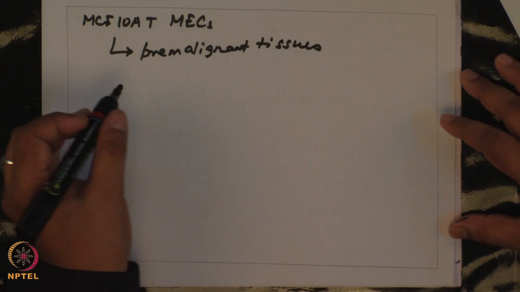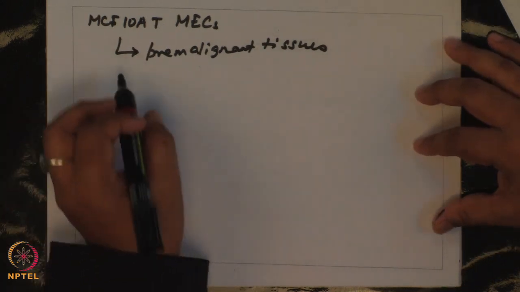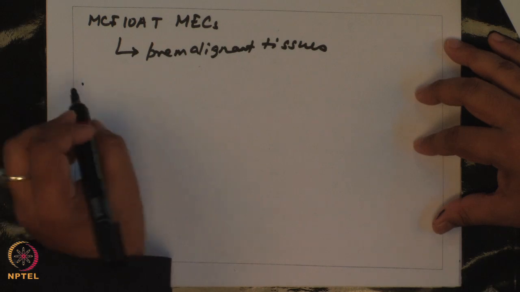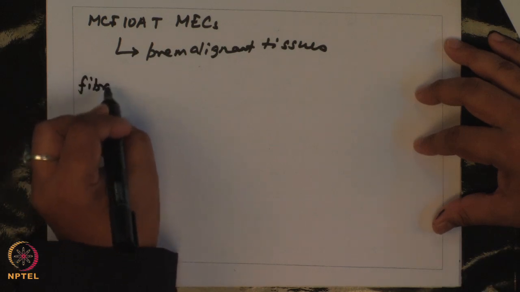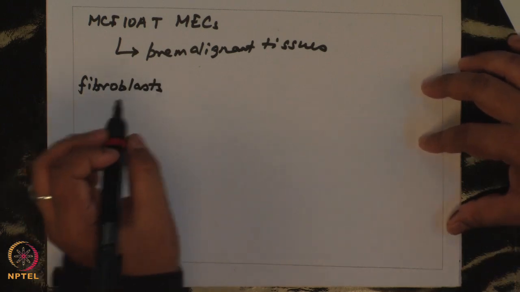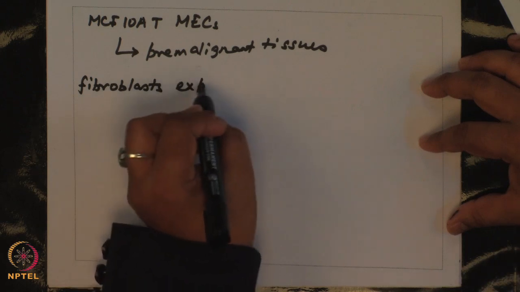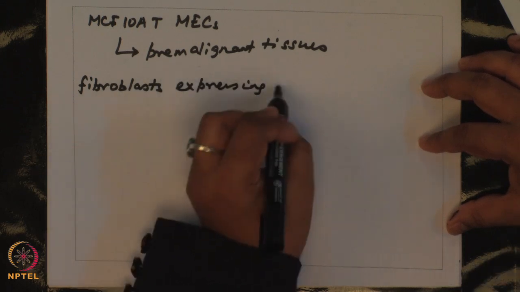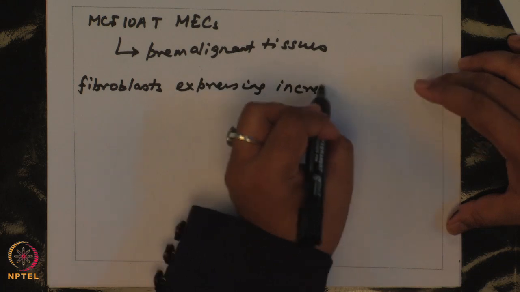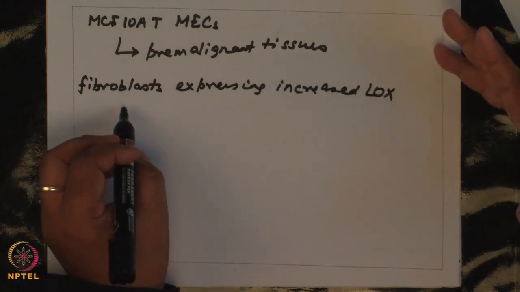So, to check what is the effect of this increased cross linking, they did an experiment in which they took fibroblasts which were expressing increased LOX. So, the idea was the fibroblast in the stroma would secrete LOX, which will cross link the collagen and make it stiffer.